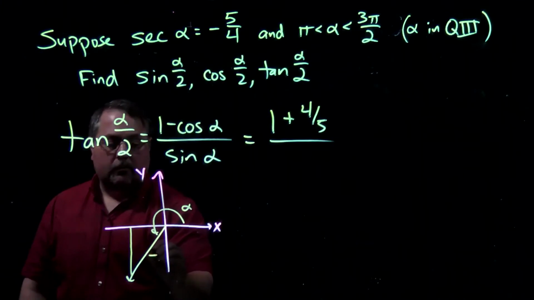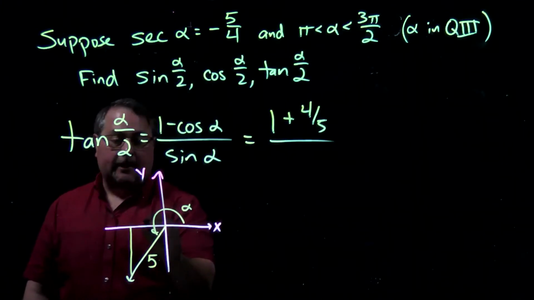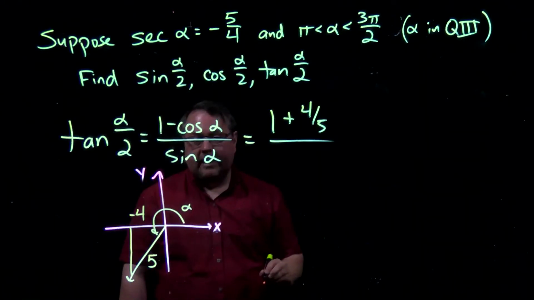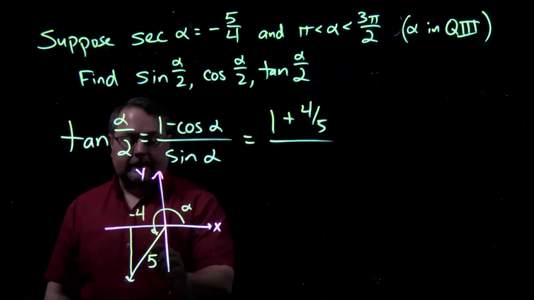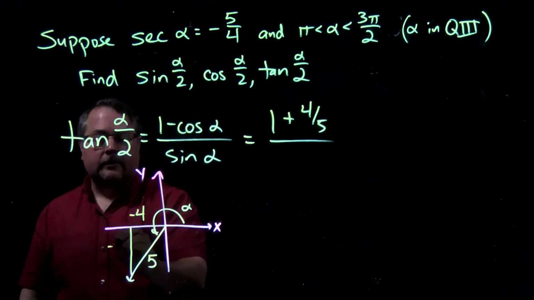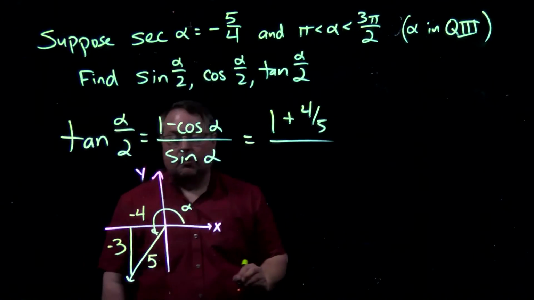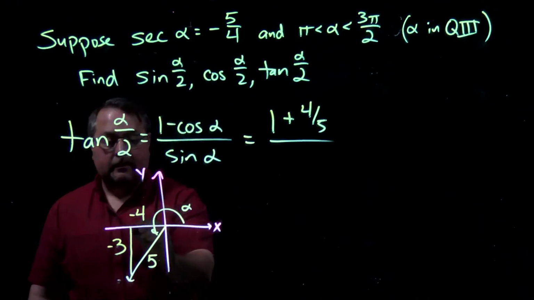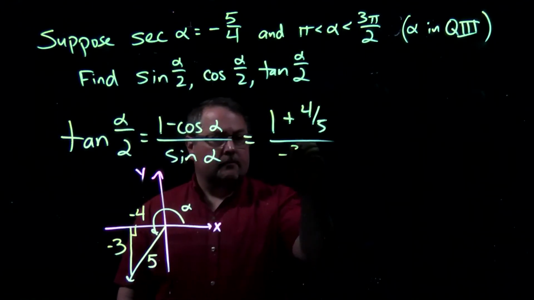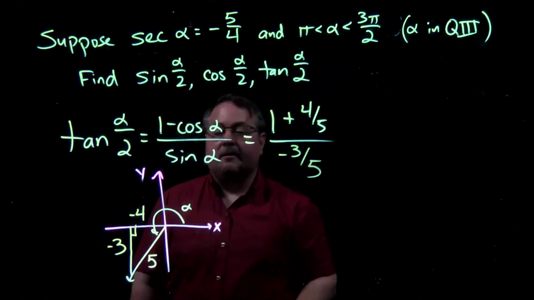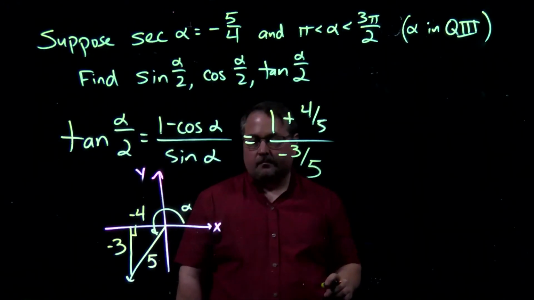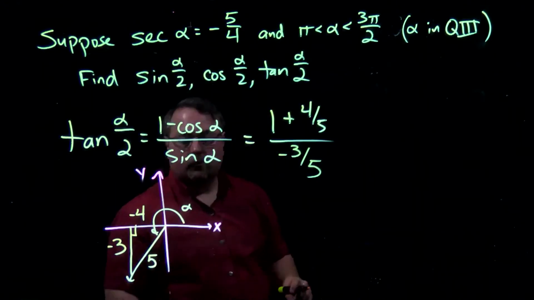Okay, so our hypotenuse will have length 5. Our x will be -4, so secant is 5/-4. And then our opposite side, our y, using Pythagorean triples, is -3. And therefore, the sine of alpha is -3/5, y over r.